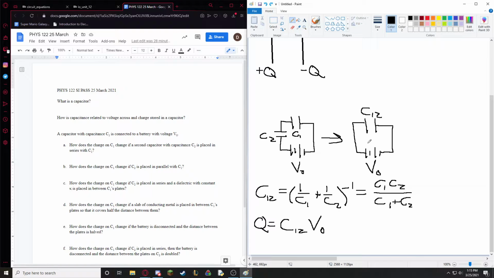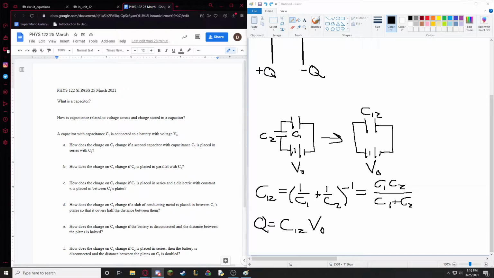But so, as you mentioned, the charge is the same for both capacitors. And we know that it's going to be the total net capacitance times our total net voltage drop. Are there any questions about that? Yeah.